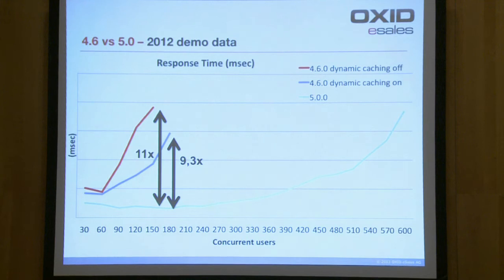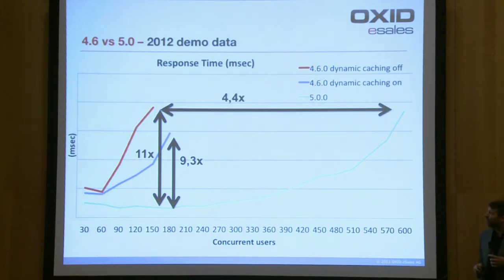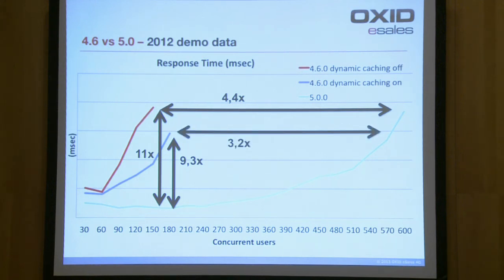And if you compare at the same response time, how many more concurrent users it can handle, in the worst case response time it was 4.5 times more. In the worst case, the dynamic content caching 4.6.5, it was still 3.2. And if you looked at the best response time of the 4.6, it was still even 6.5 times more concurrent users. That is scalability.